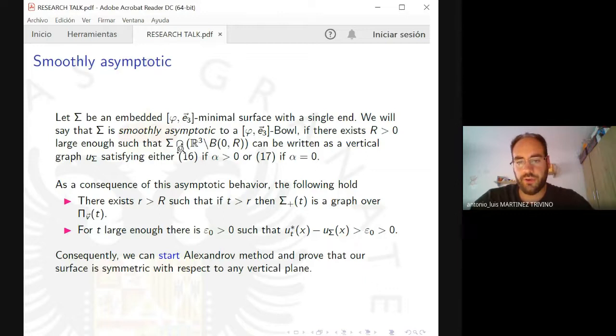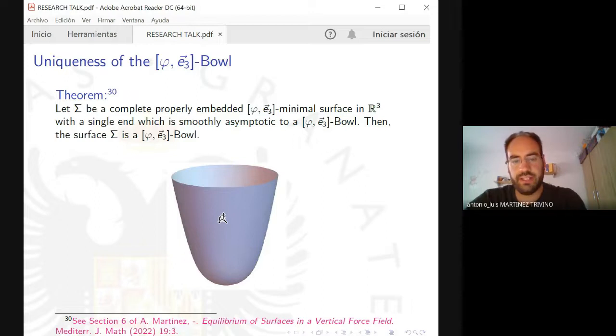Consequently, from this property, we can start the Alexandrov method and prove that our surface is symmetric with respect to any vertical plane.